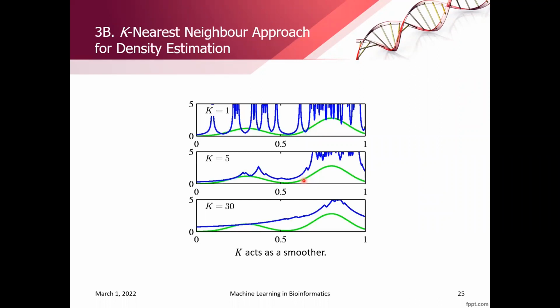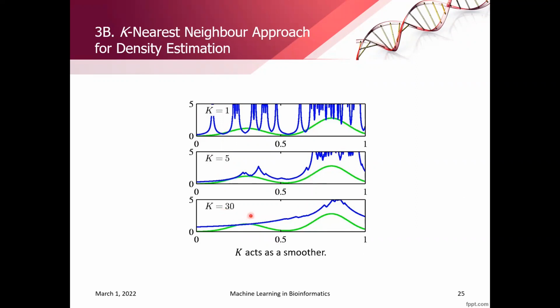And here is an example of how it can look in a one-dimensional setting. For one neighbor, so if we look just for one closest neighbor, we can obtain such a little strange approximation for the density function. For k equal 5, it's much better.